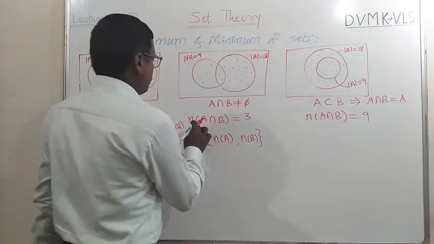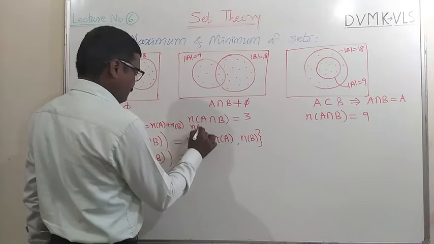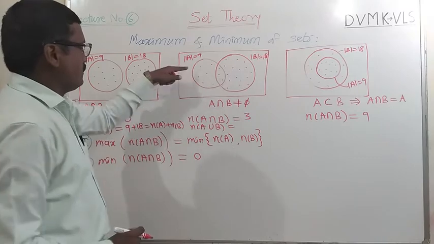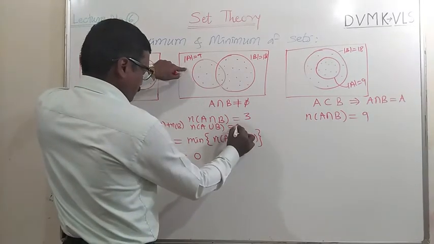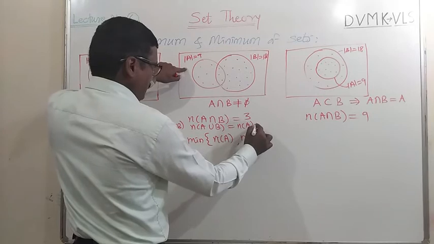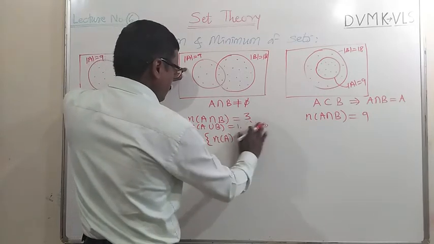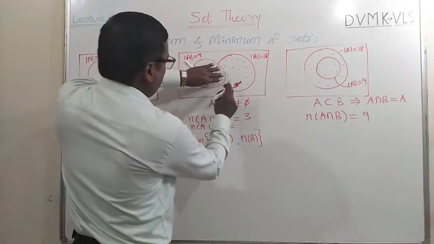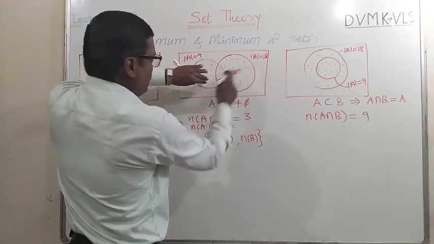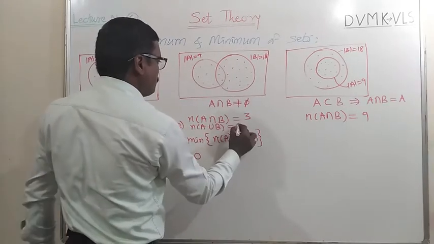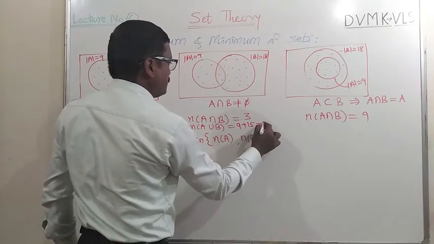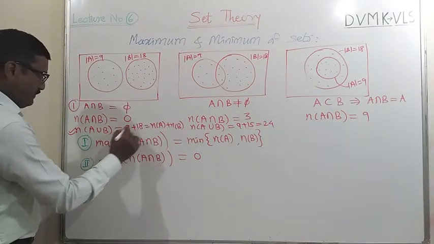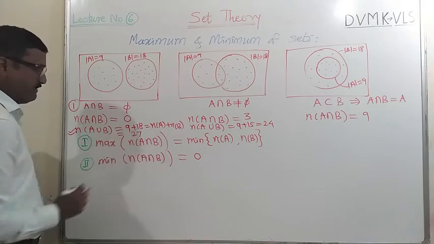In this other case, the total elements in the union will be obviously these 9 and these remaining 15, because out of 18, 3 are common. So 9 plus 15 will be 24. Here the elements will be 9 plus 18, that is 27.